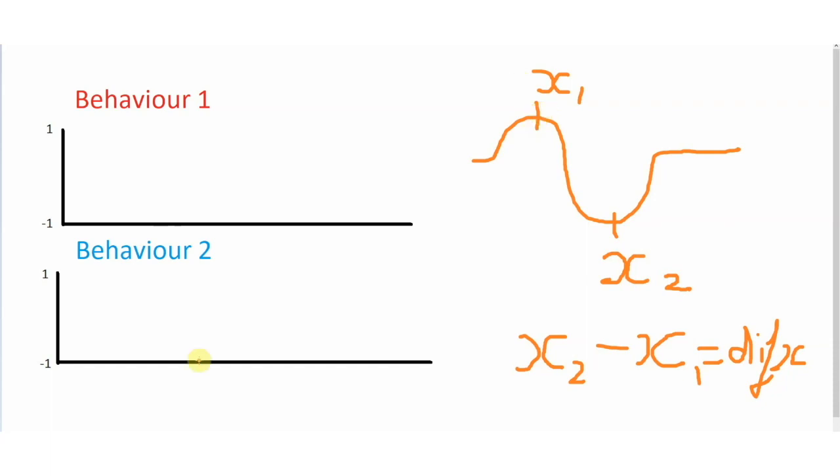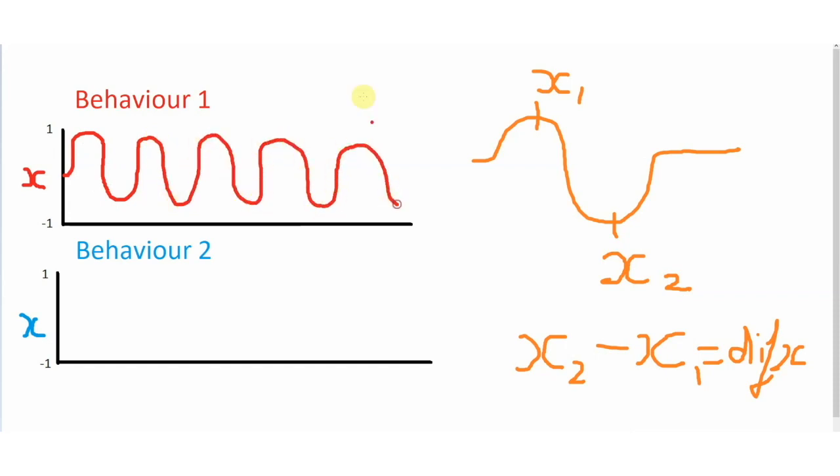So let's show you how this might change between two behaviors. So we've just got behavior 1 and behavior 2 here, and we can say this is X again. There's the first.